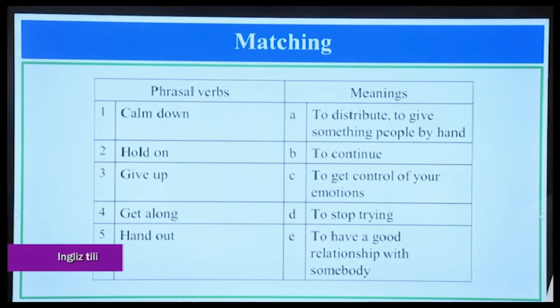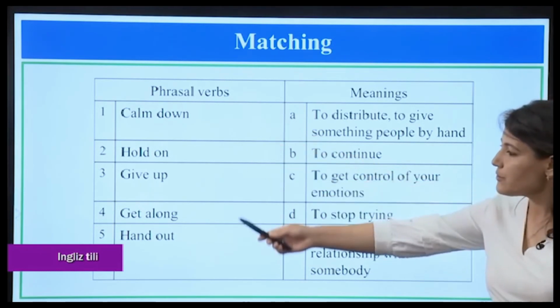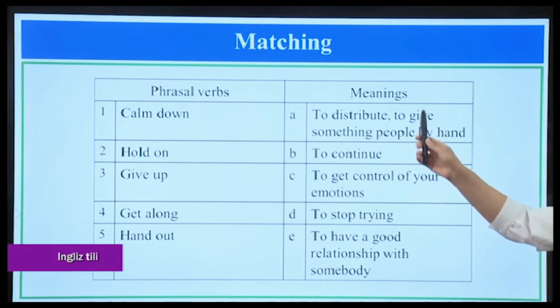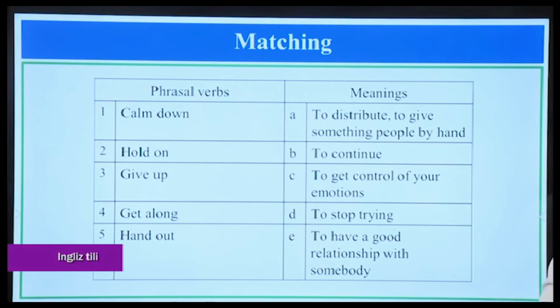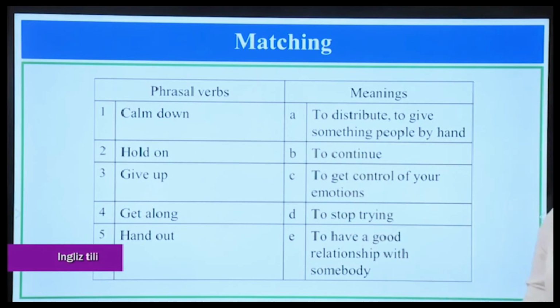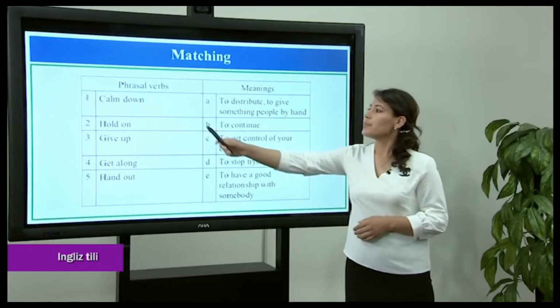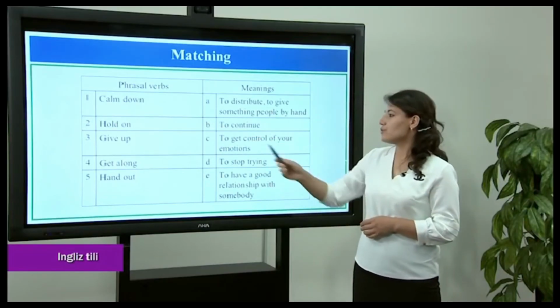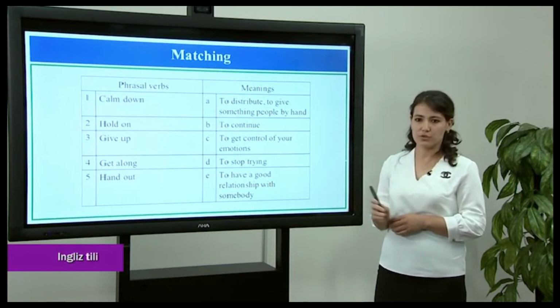Another activity that you can use while teaching phrasal verbs is matching. In this activity, you will give phrasal verbs in one column and meanings of the phrasal verbs in another column. And your pupils should match phrasal verbs with their meanings. For example, calm down means to get control of your emotions.